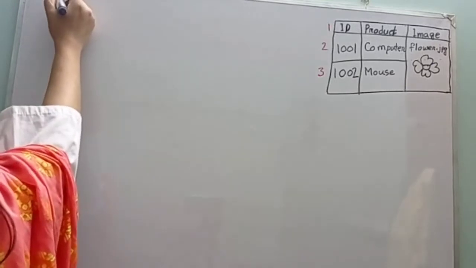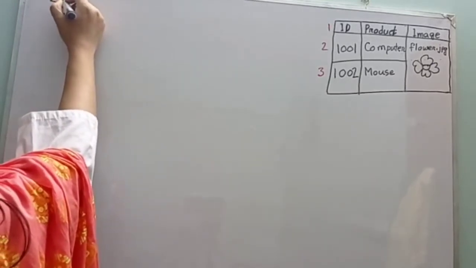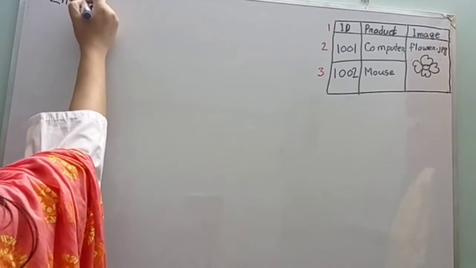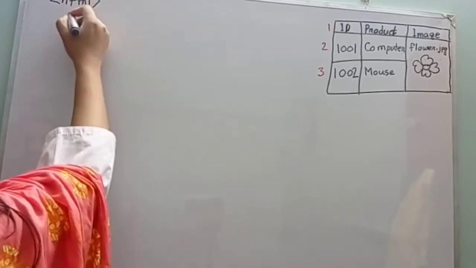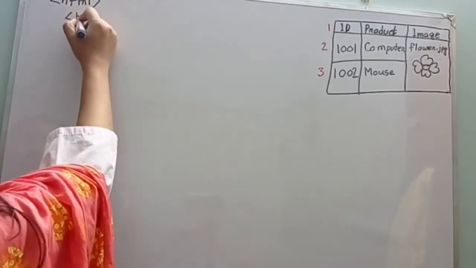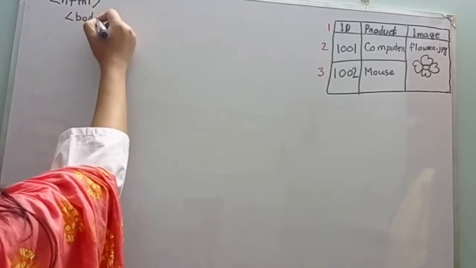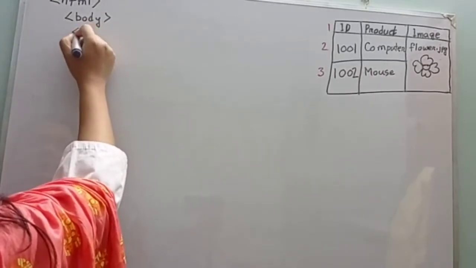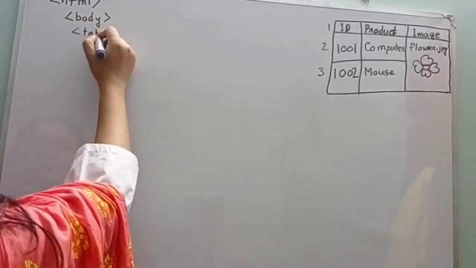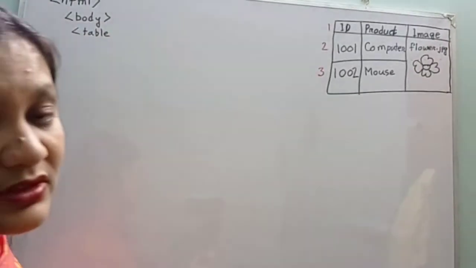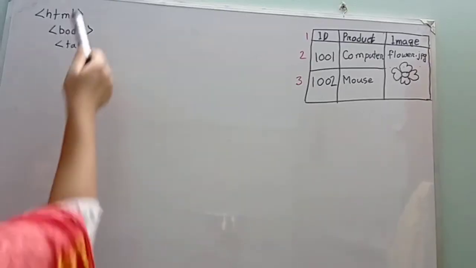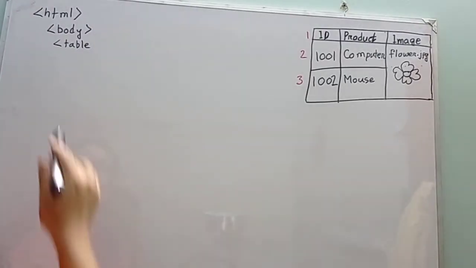We know that in an HTML table, at first we have to write the HTML tag, and after the HTML tag we have to write the body tag. As it's a table, we have to write the table tag as well. You have to write the HTML tag, then body, then table.